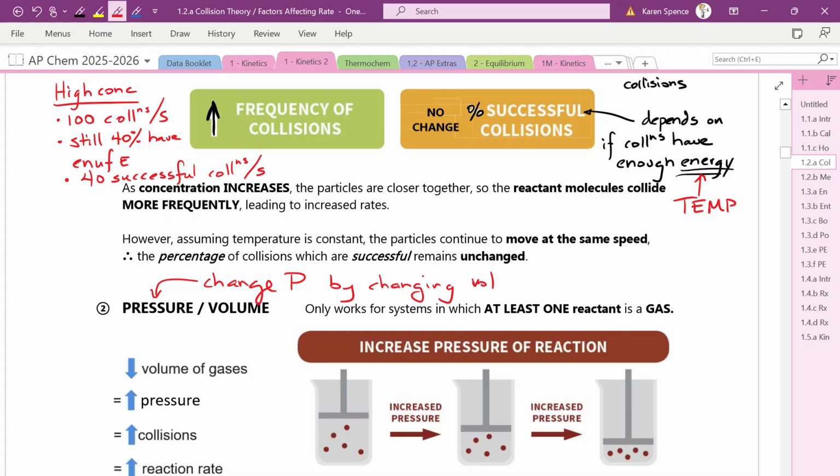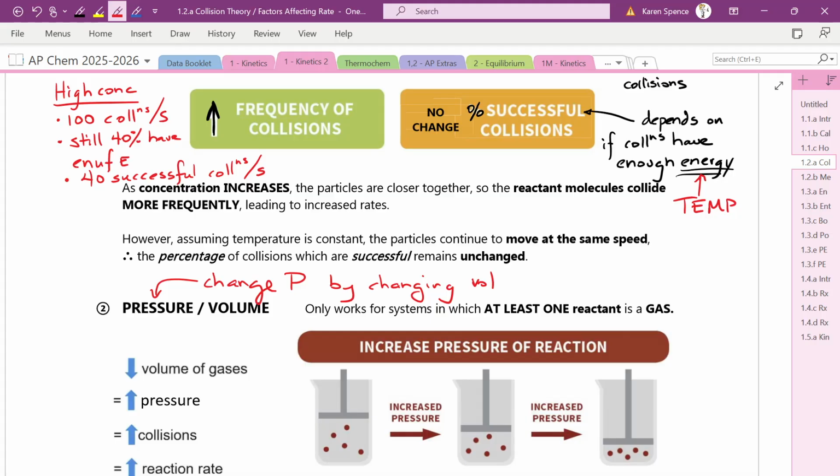You can change pressure by changing the temperature. We're not going to do that because it just gets too complex. Now you're dealing with temperature and pressure. So we're going to deal with temperature just as temperature. You can change pressure by adding another gas to the mixture, which we will look at later. But not yet. Right now we are making pressure go up.